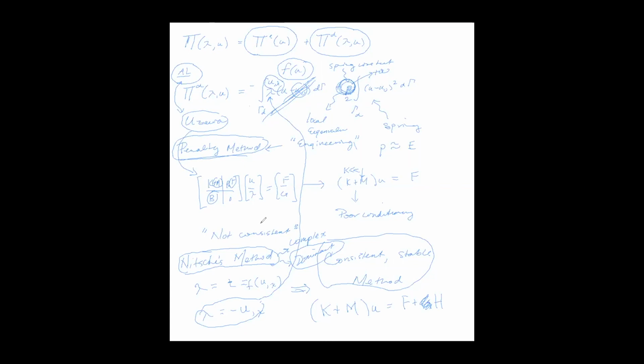But just in the regime of contact, for example, when you know the constraint is a contact type constraint, then I would say Nitsche's is a very nice way to think about enforcing that constraint, because you know what that constraint's going to be.